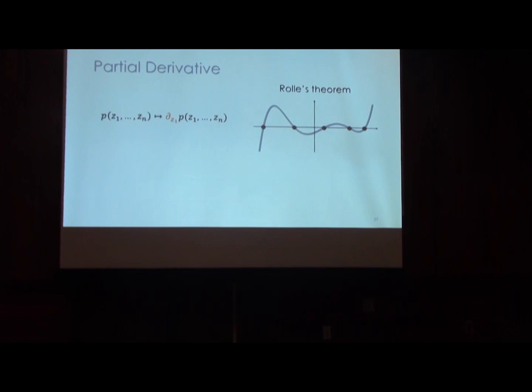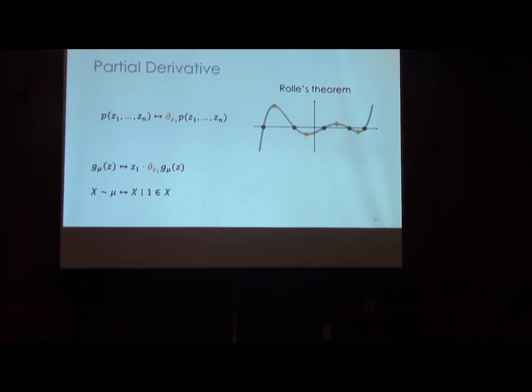In the univariate case, the fact that if you started with a real rooted polynomial you would remain real rooted is basically a consequence of Rolle's theorem, that between any two roots of the polynomial, you find a root of the derivative. So this is basically a generalization of Rolle's theorem to the multivariate case. If you have a real stable polynomial and you take the partial derivative, you remain real stable.